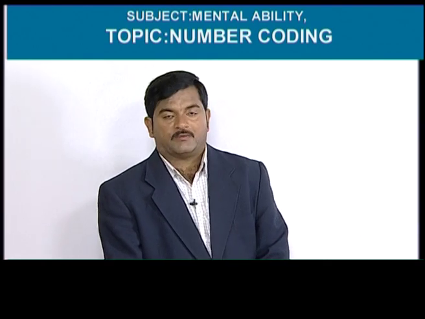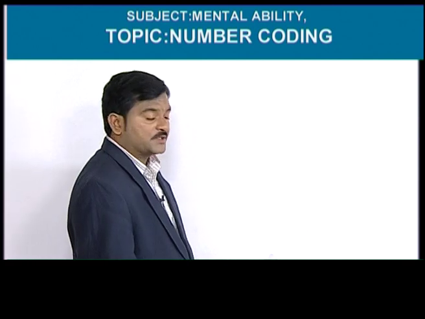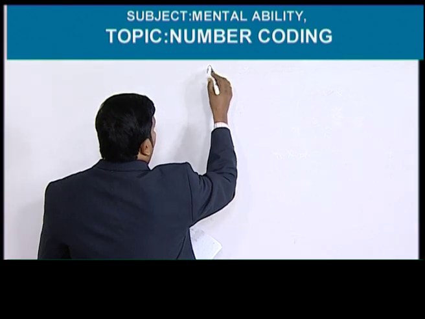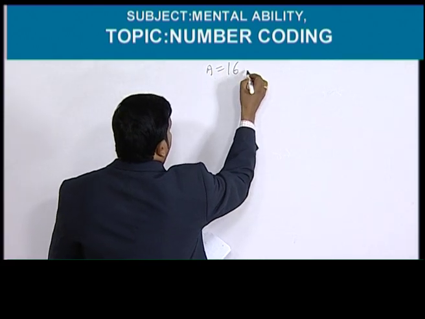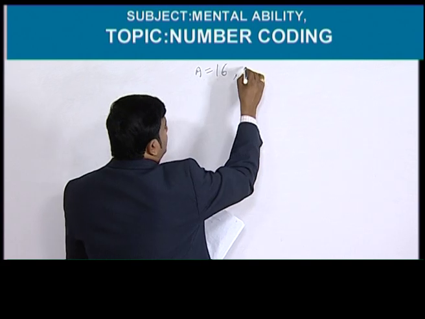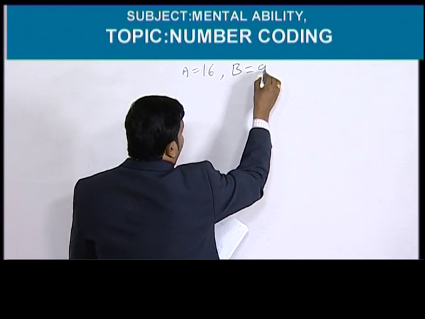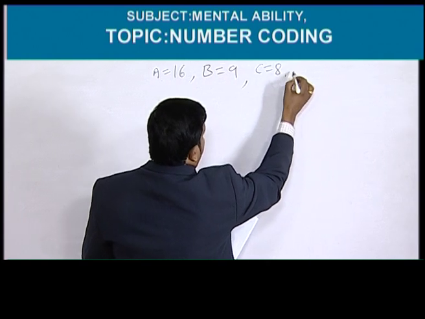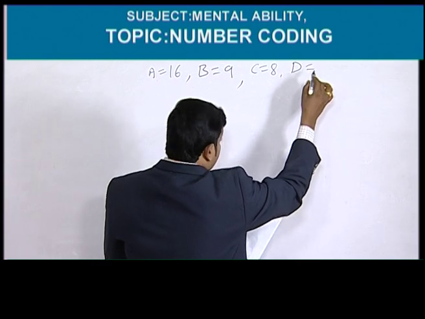Now one more question in mathematical coding. The question is as follows. In a certain code language, A means 16, B means 9, C means 8, and D means 3.